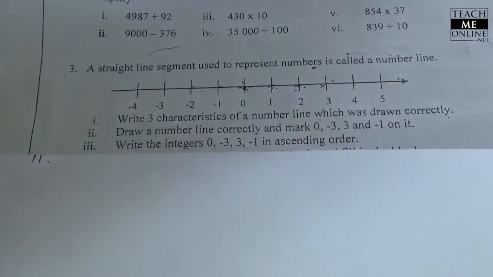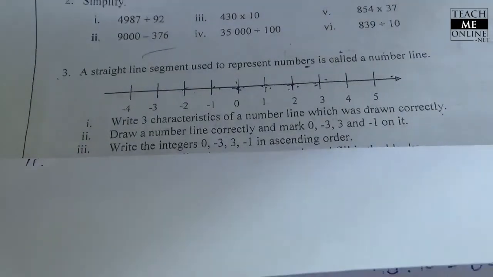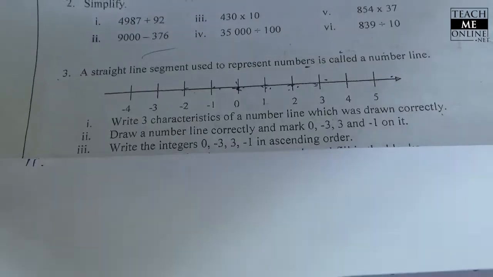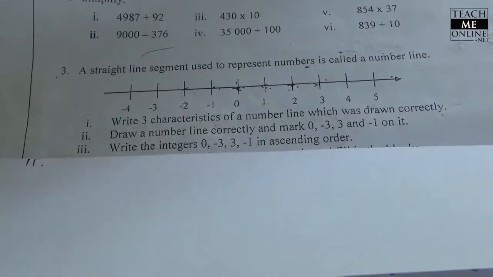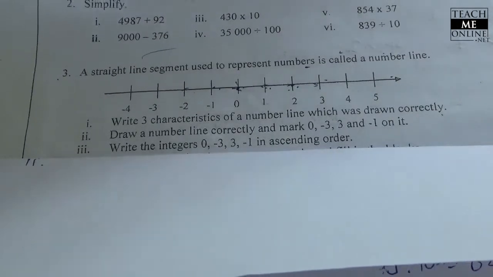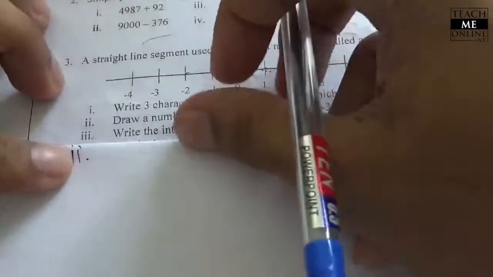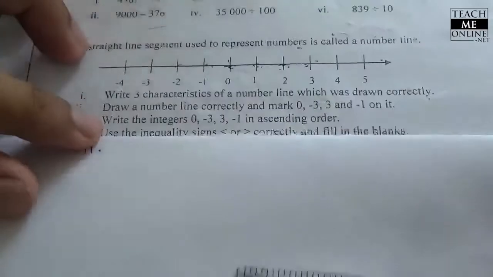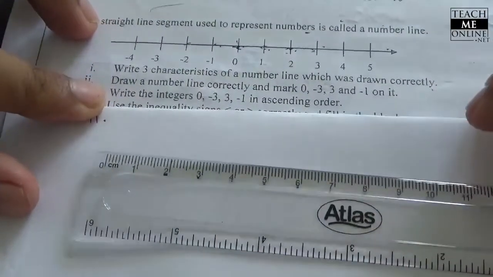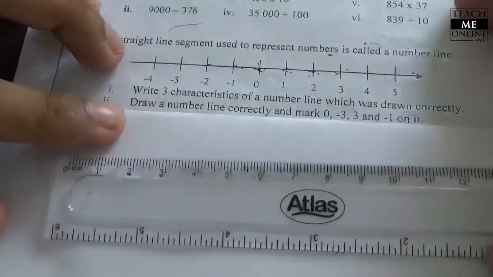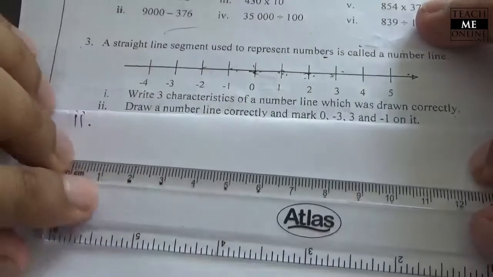Take a ruler. This is part 2, and now we have to draw 0, -3, 3 and -1 on it, right?